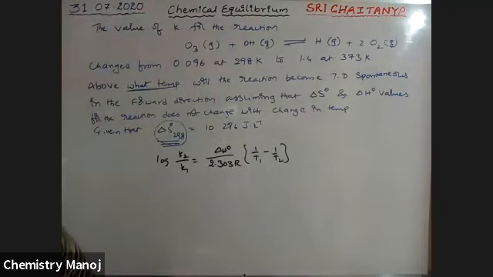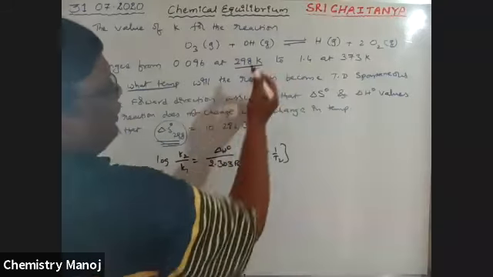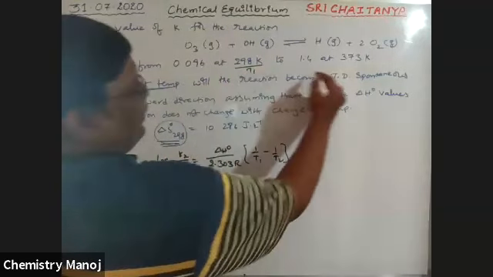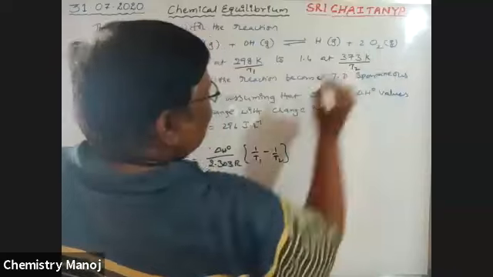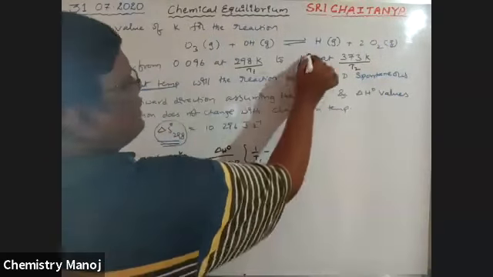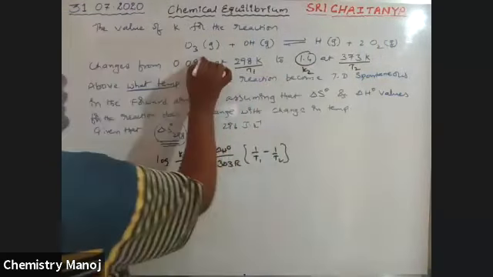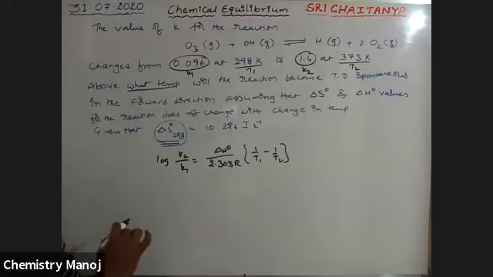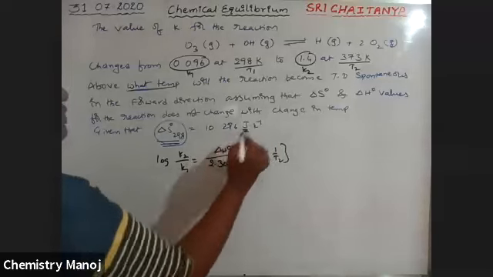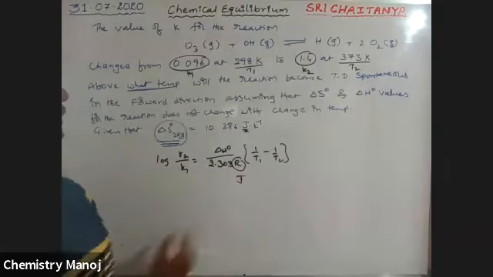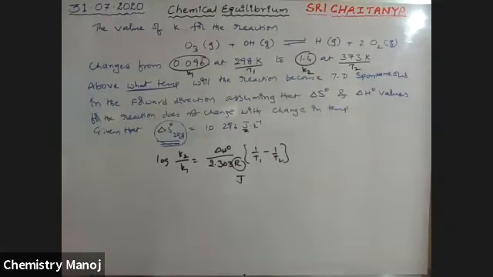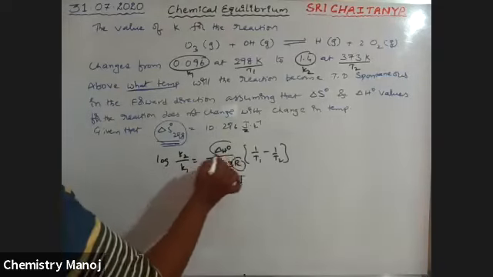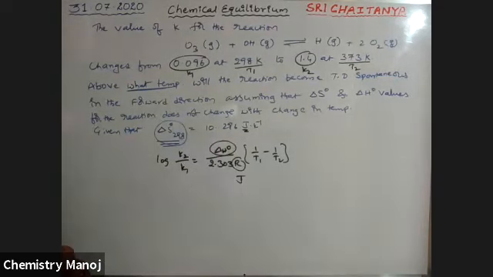Here 298 Kelvin is the lower temperature T1 and 373 is the higher temperature T2. The K1, K2 values and T1, T2 values are given to you. Use the R value in joules. So find out delta H naught.